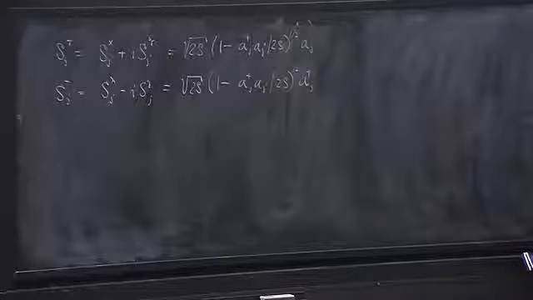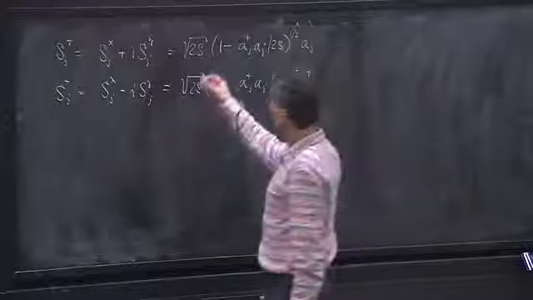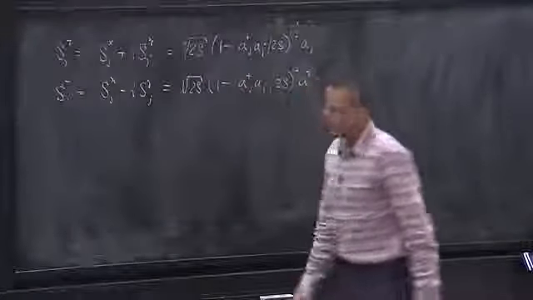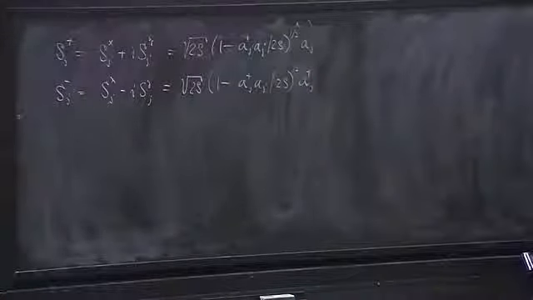Now, how would they come up with this kind of weird nonlinear transformation? The motivation is as follows. You know that for spin s, you have 2s plus 1 different values of Sz, right?